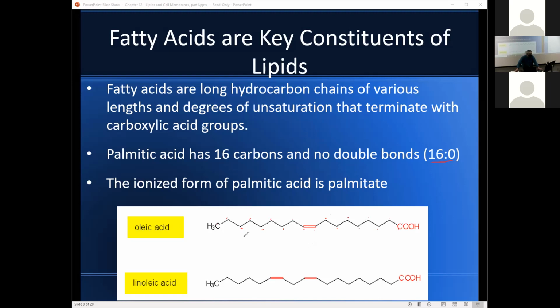Okay, so oleic acid has 18 carbons and 1 double bond. So how would we express that using this notation here? Anybody? 18:1, exactly.